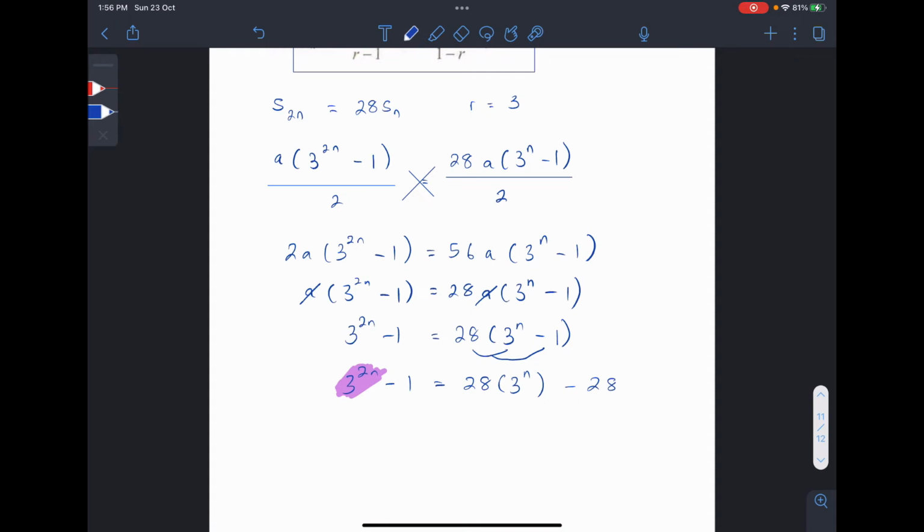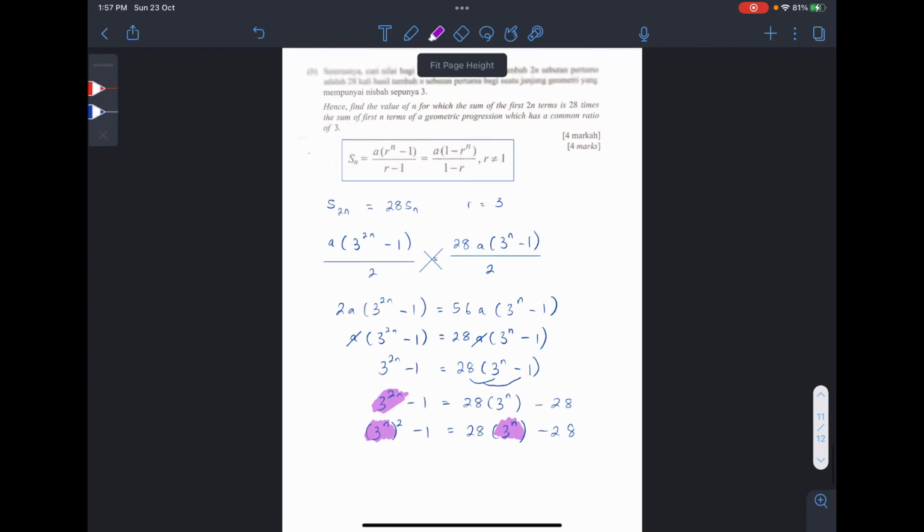So this will become (3^n) to the power of 2, with the power of 2 going outside the bracket, minus 1 equals 28(3^n) minus 28. The reason why I did that is, if you notice, now I've got 3 to the power of n on the left and also 3 to the power of n on the right. So let's go back to the question and see if I missed out anything. No, I didn't.